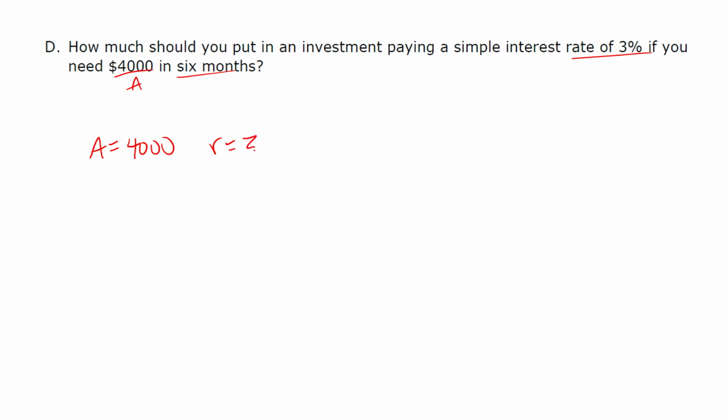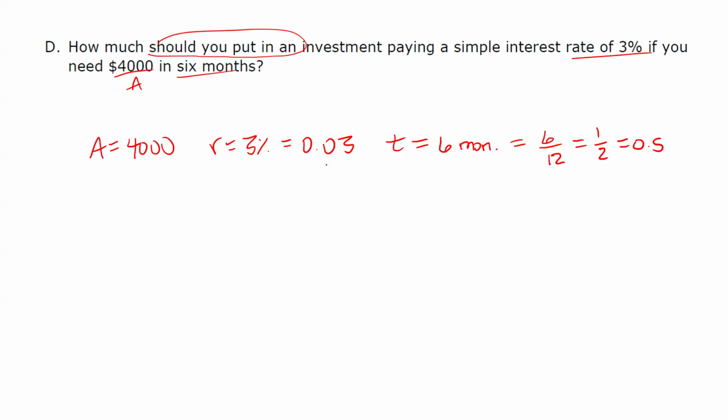R is 3%, which is 0.03. Time is 6 months, but we need it in years. So that'll be 6 divided by 12, which equals 1/2 or 0.5. Okay. And we don't know P because we need to know how much we should put in. That's what we're trying to find, which is P.